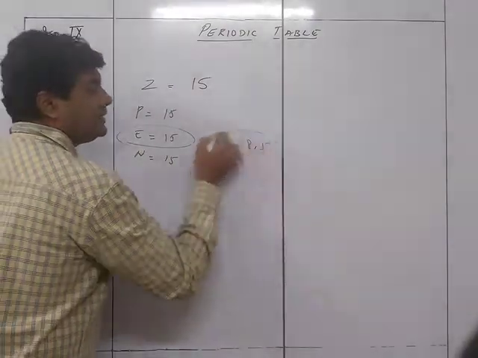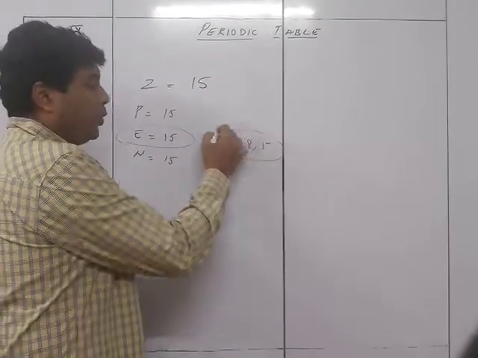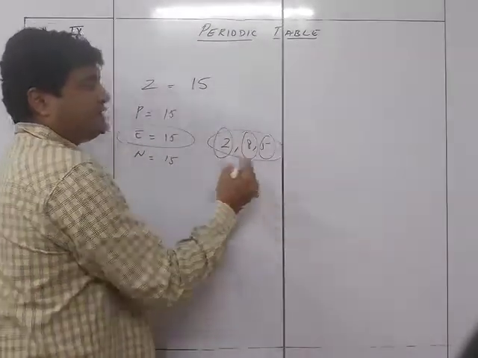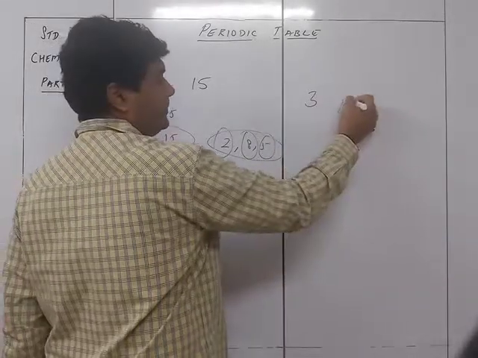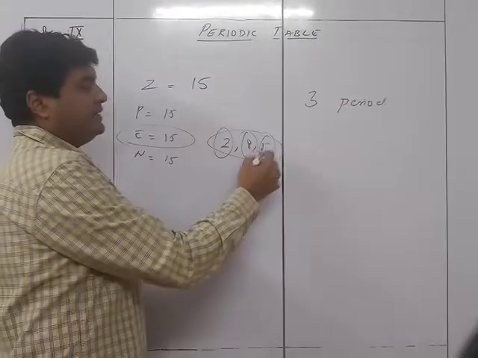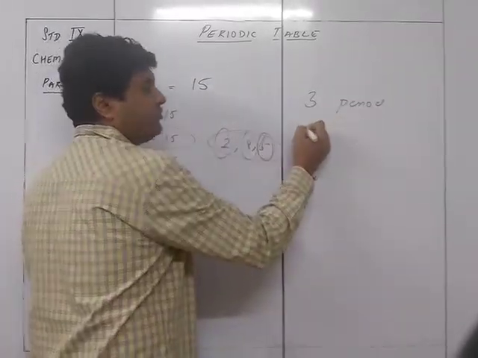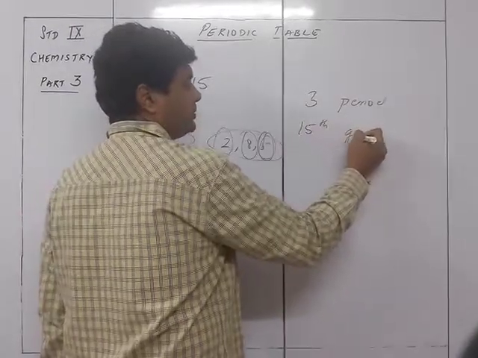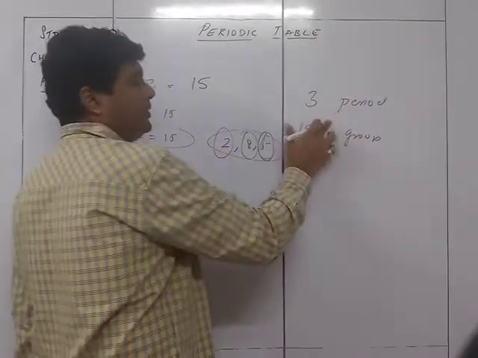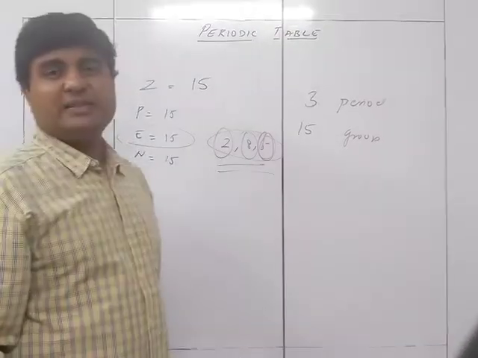Now what is going to help me over here is that 1, 2, 3. That means it is in the third period. Okay, it is in period number 3, and this is 5 over here. That means it is going to tell me that it is in the 15th group. So group number 15, period number 3 can be identified using this.